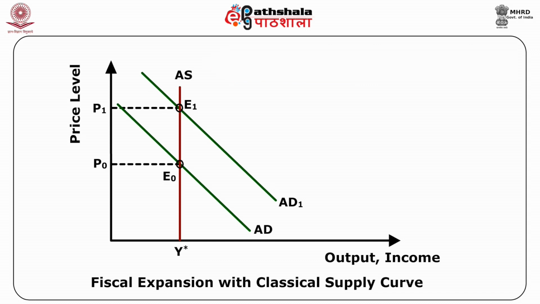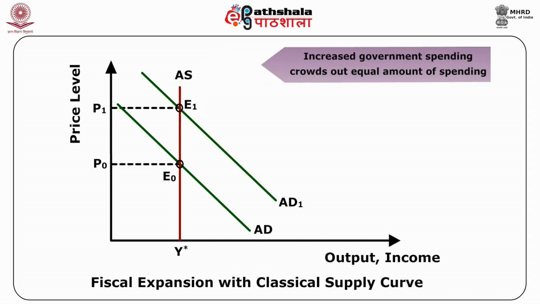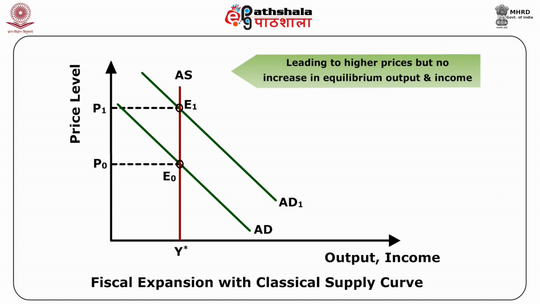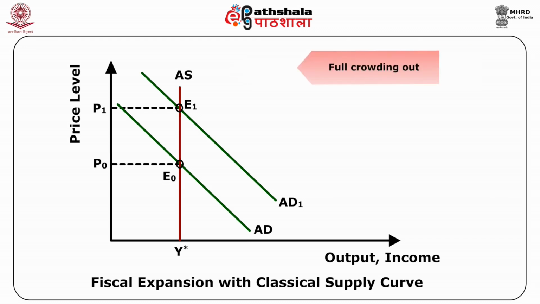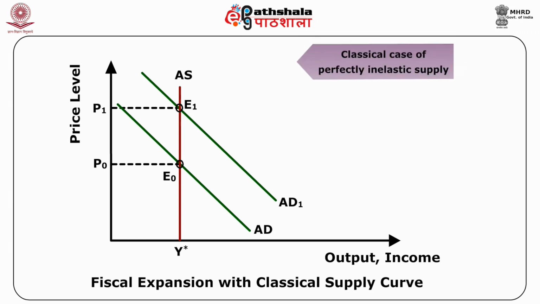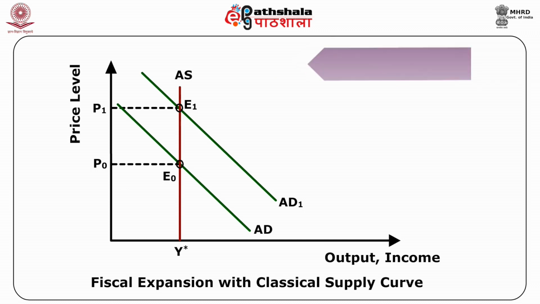It implies that at point E1, increased government spending crowds out an equal amount of private spending, thereby leading to higher prices, but with no increase in the equilibrium output and income. There is thus full crowding out. Thus, in the classical case of perfectly inelastic supply, an expansionary fiscal policy leads to full crowding out.